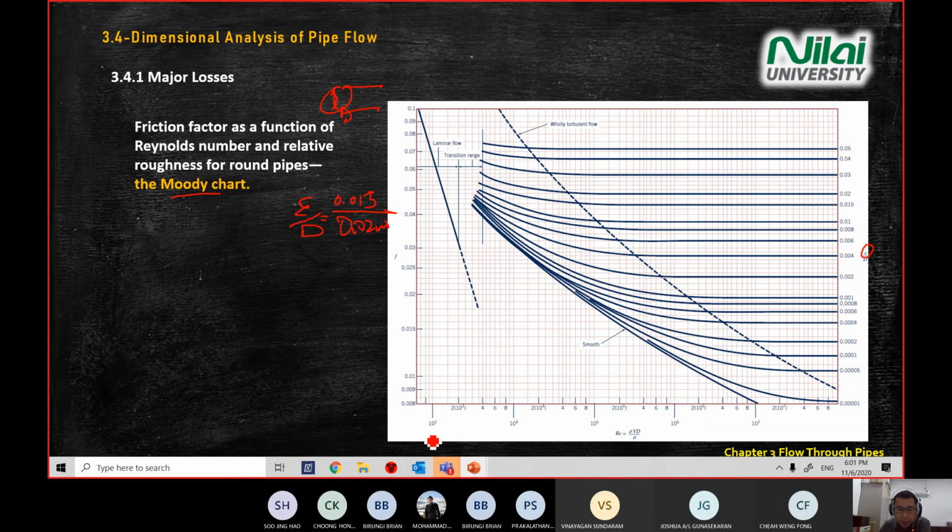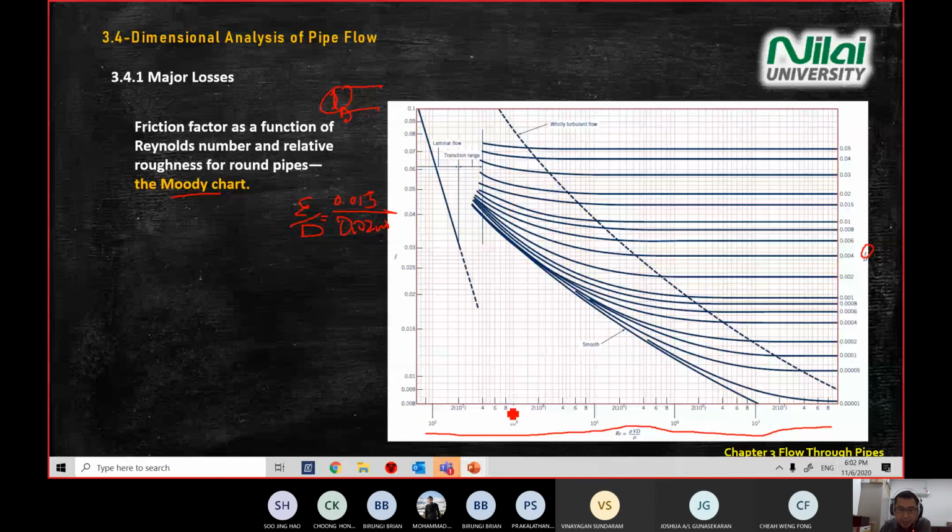So you need to be comfortable reading the scale of the Reynolds number. This is 10 power 3, meaning 1,000, and then this is 10 power 4. How do we read? 0 means 1,000, then 2,000, 4,000, 6,000, 8,000, and 10,000 here.